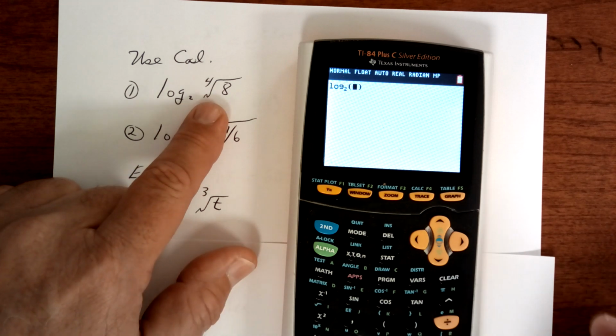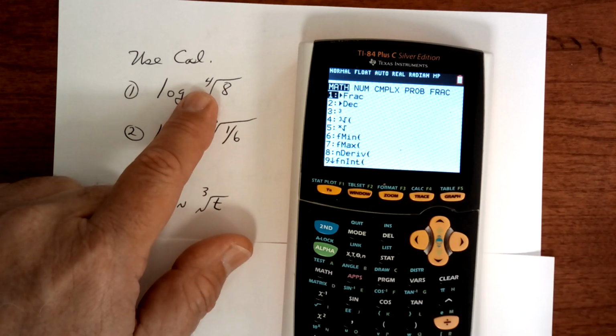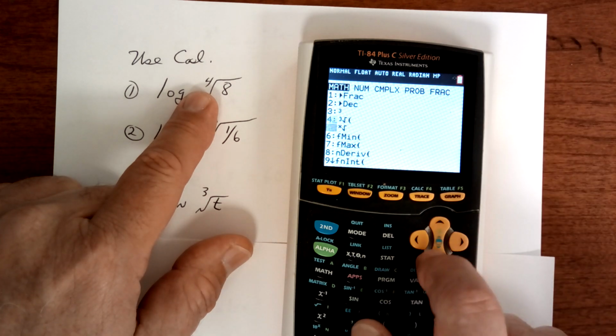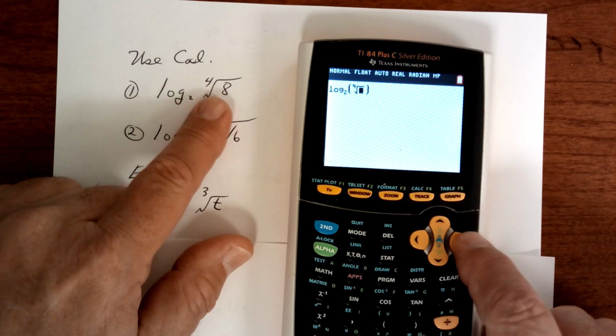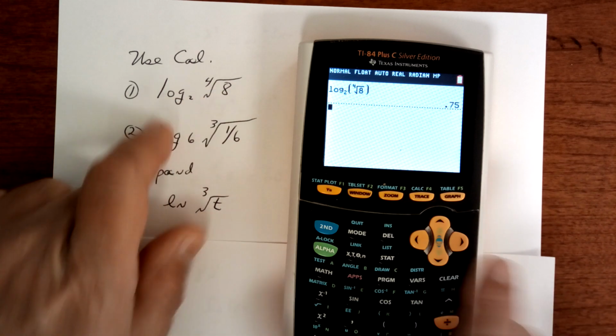And we want the fourth root. So go to the Math key again, and we want this one, number 5. So go down to number 5, press enter, and we want to put a 4 right there, and then advance it, and then put an 8. Make sure you can do that for your test. I get 0.75.